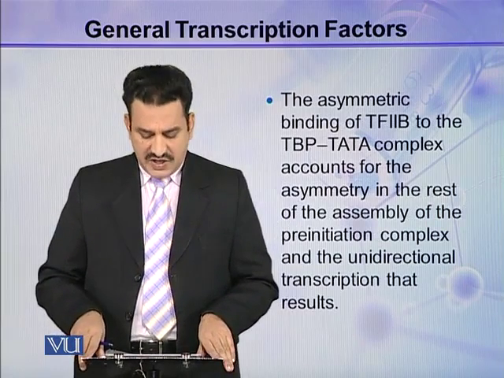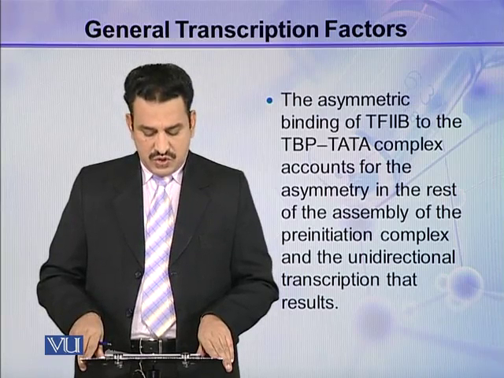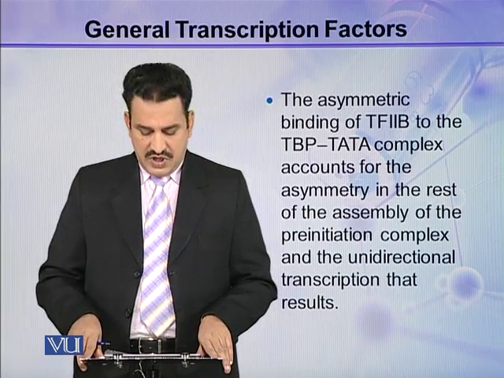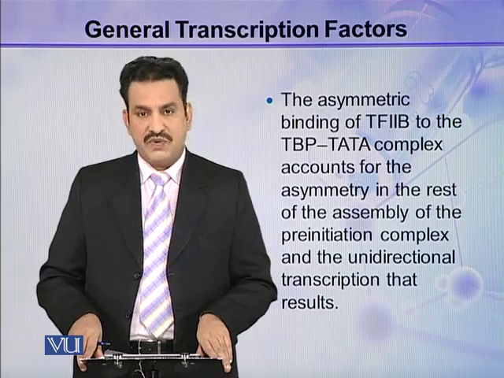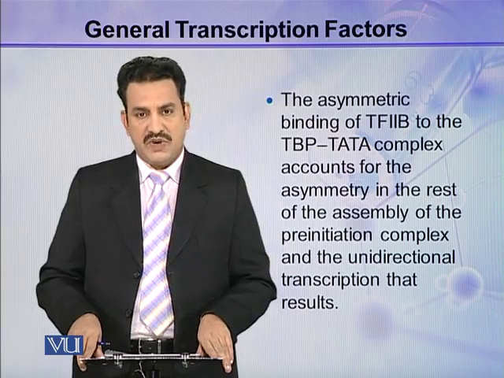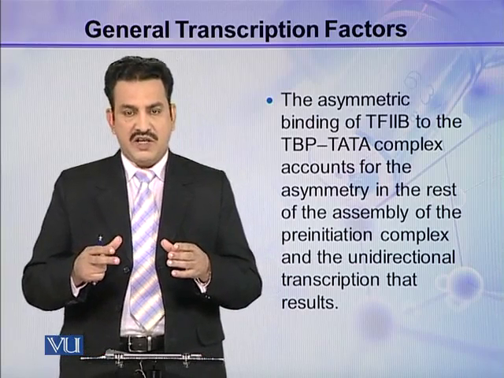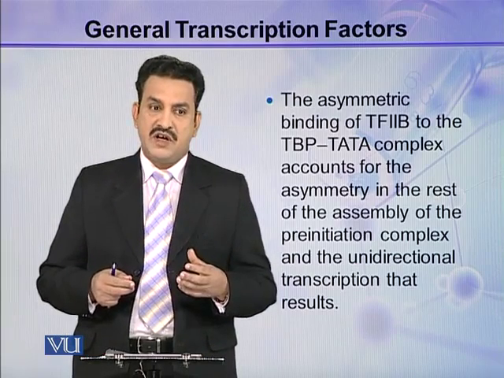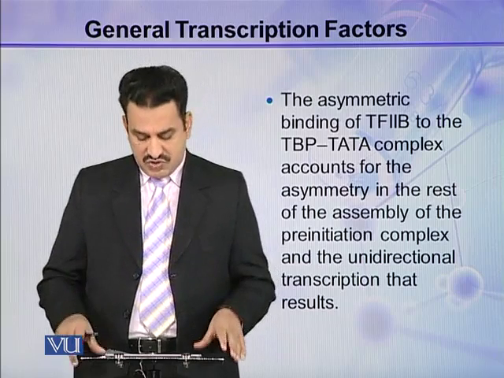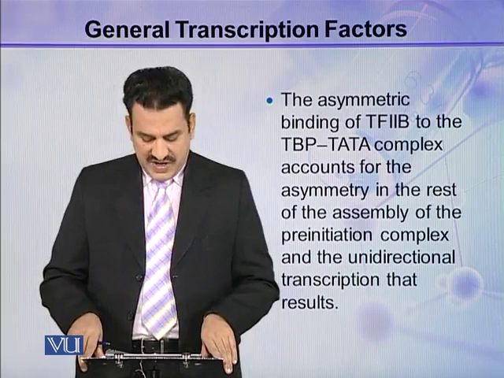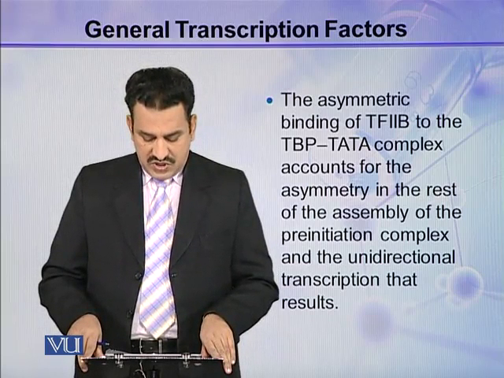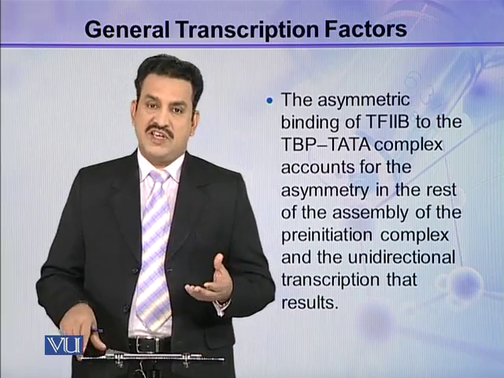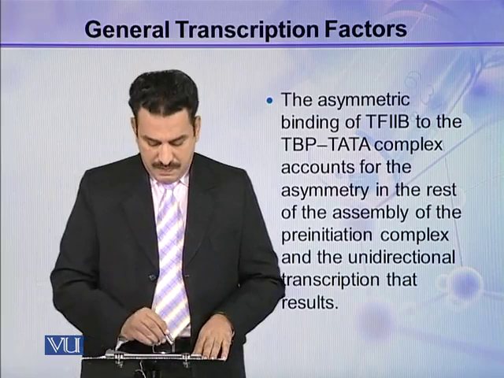The asymmetric binding of TF2B to the TBP TATA complex accounts for the asymmetry in the rest of the assembly of the pre-initiation complex. So this asymmetric binding results in the overall asymmetry in the pre-initiation complex, and also to the unidirectional transcription that results due to this asymmetric arrangement.